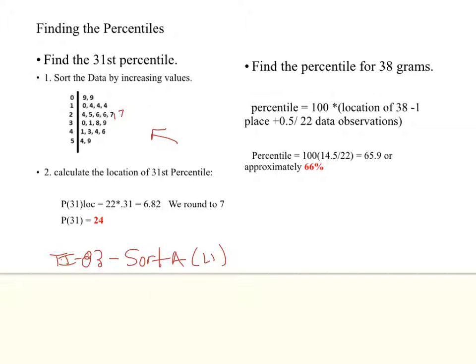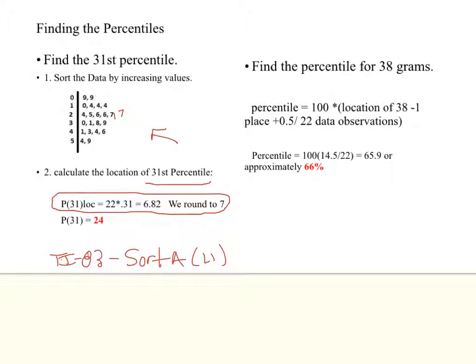And so now the question is, calculate the location of the 31st percentile. To find the location, we multiply 22 times 0.31. 22 is the number of observations in the data set, and we multiply it by 0.31, which is 31 divided by 100, the 31st percentile.